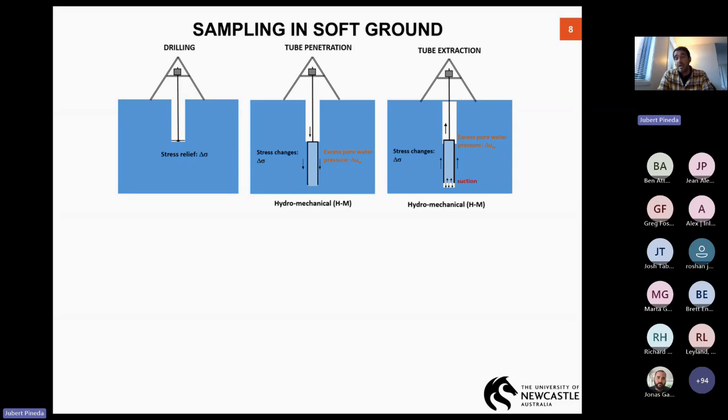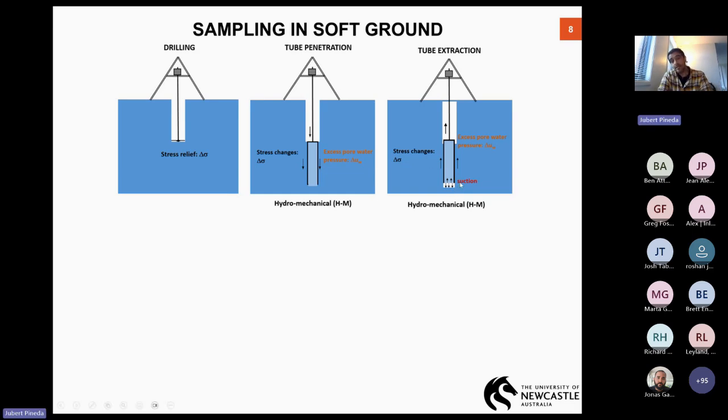After that, which in my opinion is one of the most complicated operations in this technique, we need to retrieve the tube with the sample inside. And if we use Shelby tubes, when we try to pull the tube sampler from the ground, we create suction at the base of the tube, because we need to cut the base of the soil inside the tube and disconnect it from the natural ground.